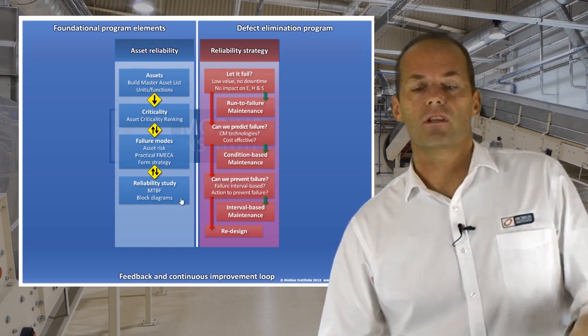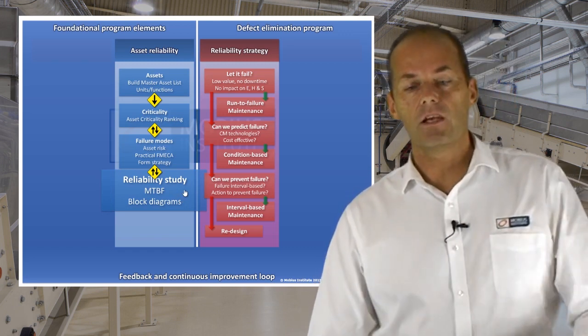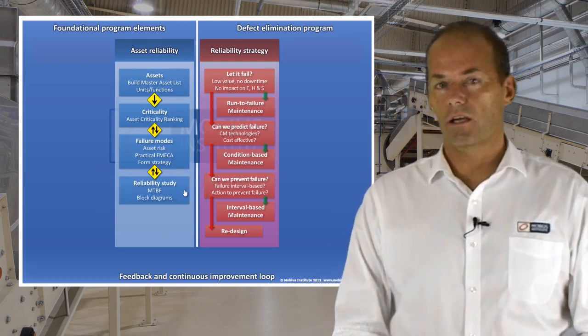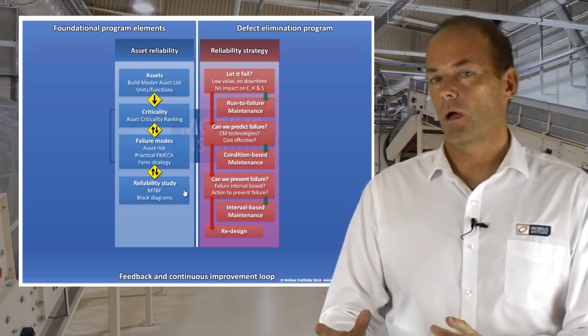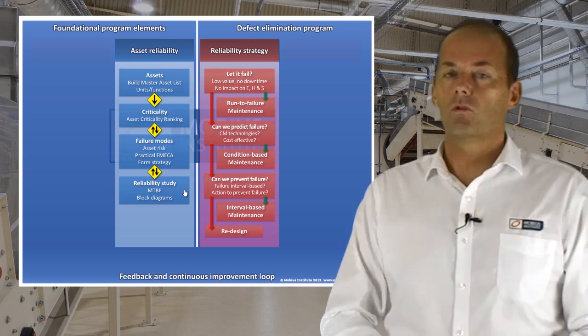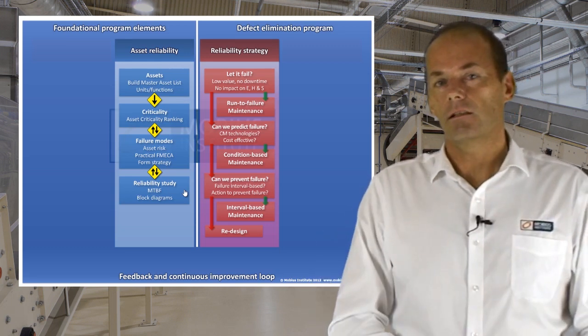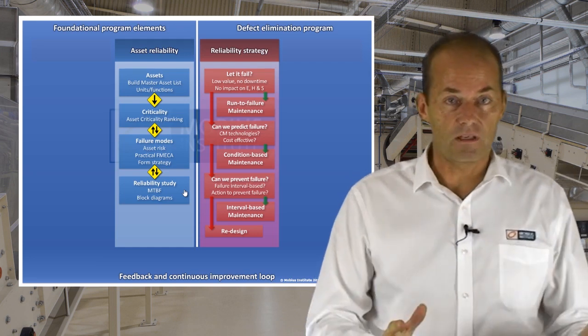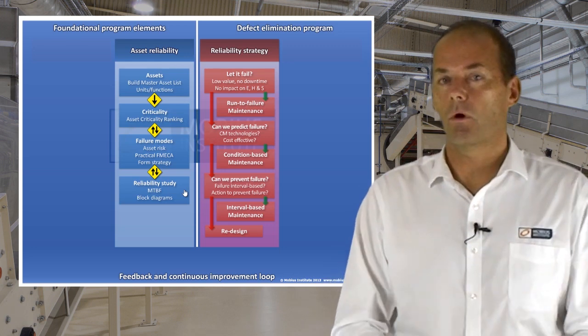Now we can also look at this reliability study and start to think about mean time between failure and reliability block diagrams and so on. But I would say that if you're starting out a program, it may be premature to look at any of that, because whatever mean time between failure data you have may not be very accurate or very usable. That's typically what we find.